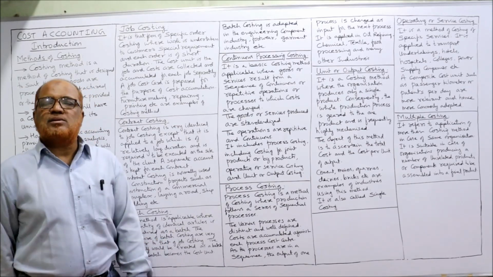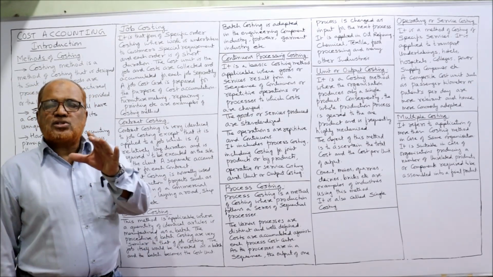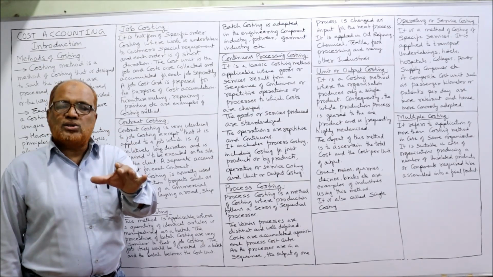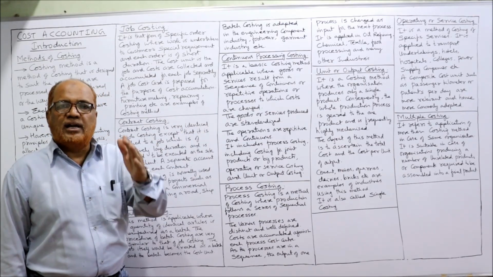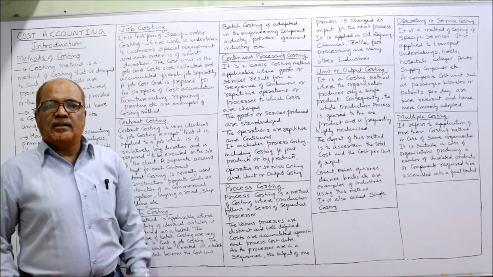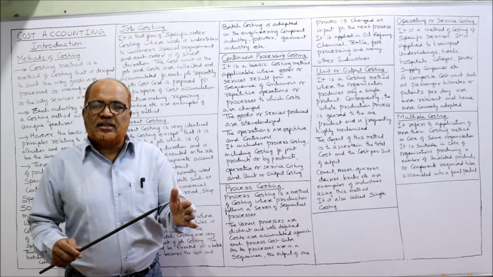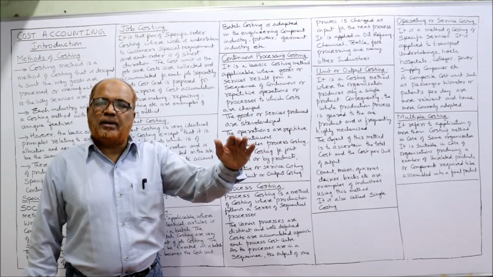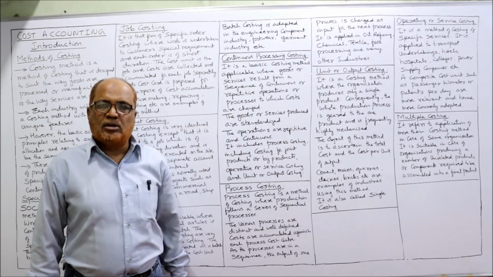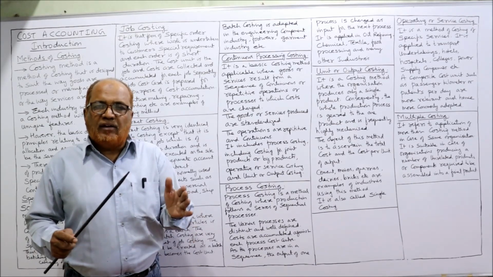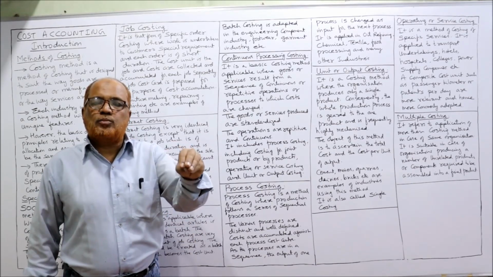Now, first of all, we'll discuss process costing. Process costing is a method of costing which is applied in those industries where goods are continuously produced in different departments. The work is done in one department, then it will be passed on to the second department, then to the third department, like that till the finished goods are produced. So for every department, every process, the cost has to be collected.